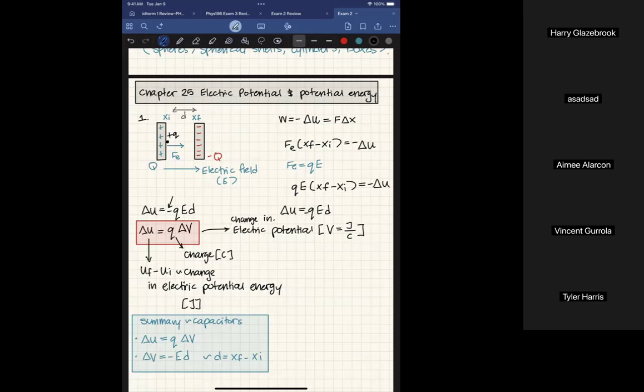If you have a positive particle, it's going to be these exact equations that I laid out. If you have a negative particle, then you just add a negative sign. So if it's negative, is the potential energy going to be positive then? Yes, it basically flips. We can do one of those problems just to clear that up.